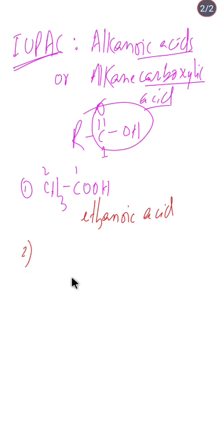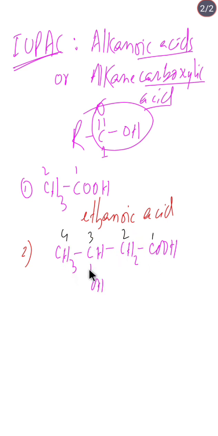Now in the second example, if I write this, then this carbon is to be included in numbering as 1. Numbering is to be started from this carbon atom, 1 2 3 4, and this OH is a side chain or substituent attached to the third carbon of the main chain, so this is numbered as 3 hydroxy.